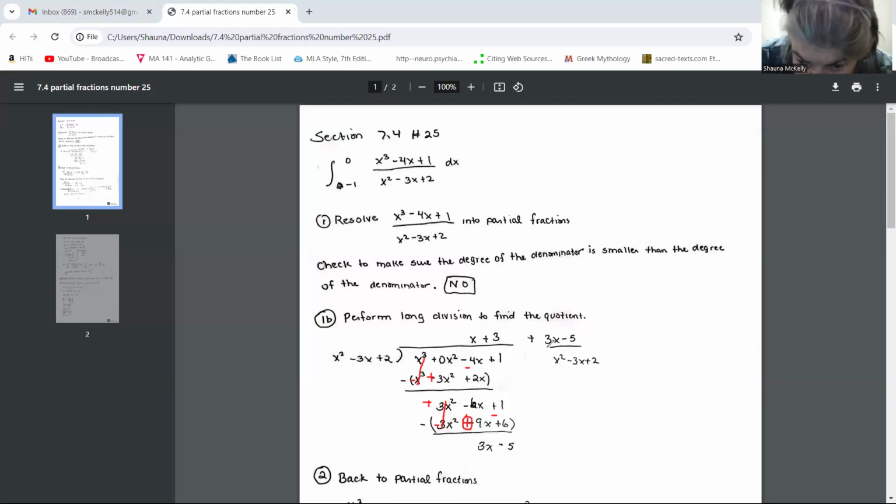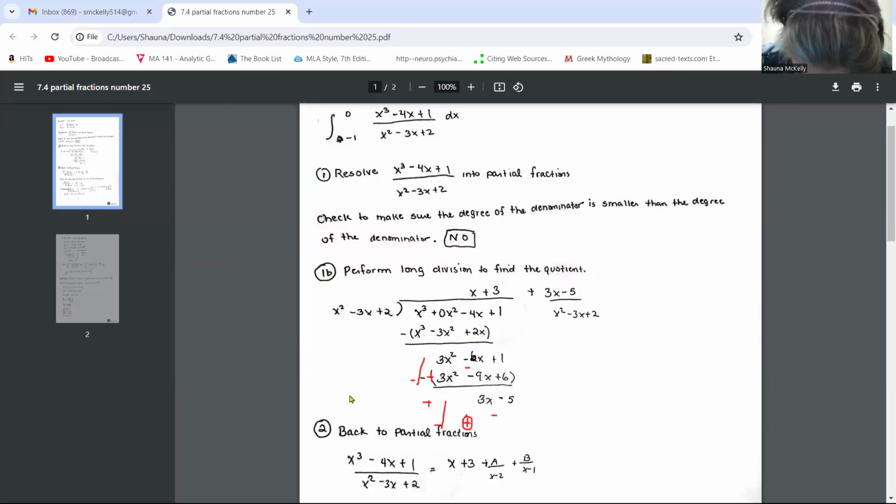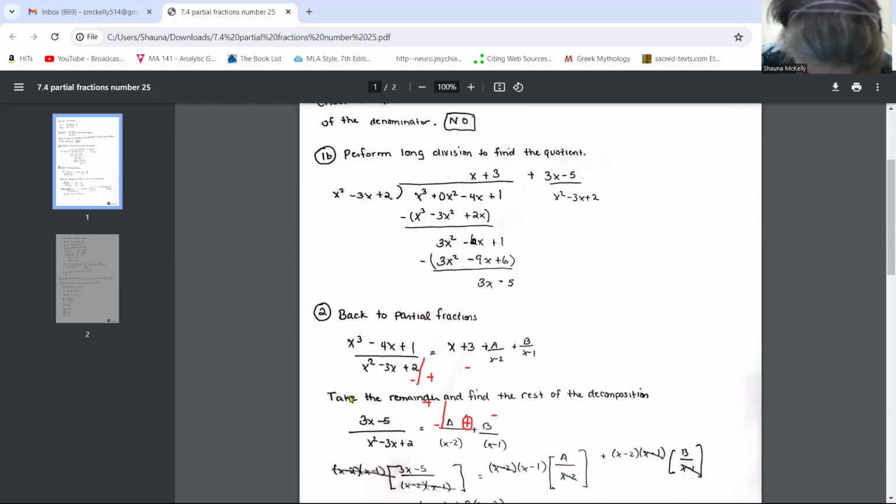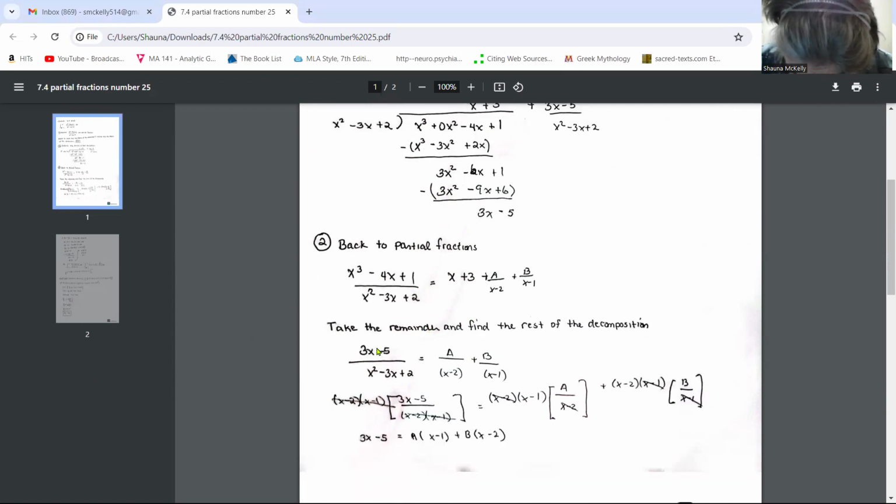Now, once I get my fraction resolved, what I have to do then is go back down. So my partial fraction now looks like this: x plus 3, and again, the bottom here is just a standard trinomial.